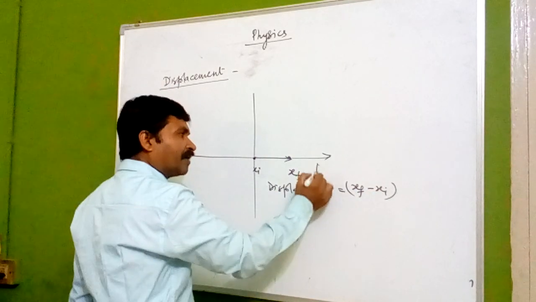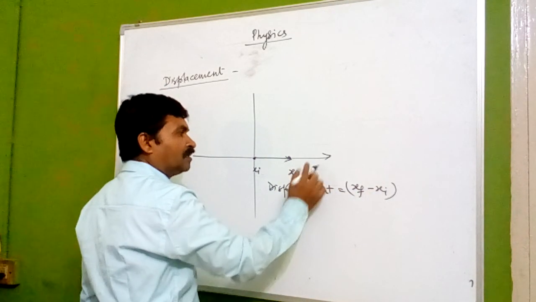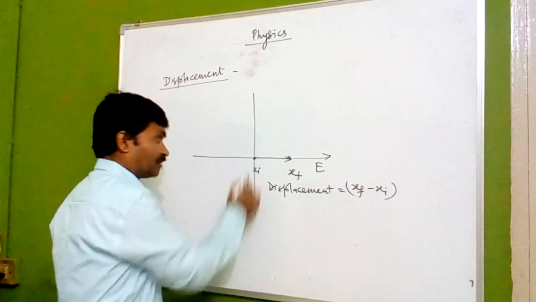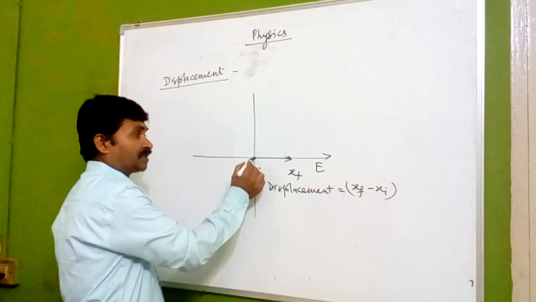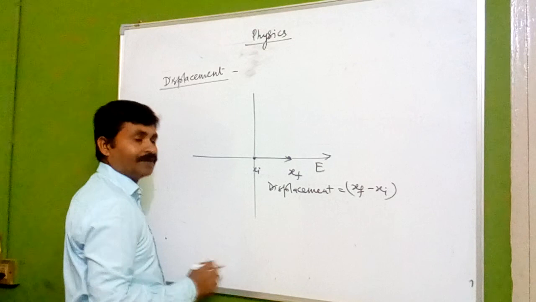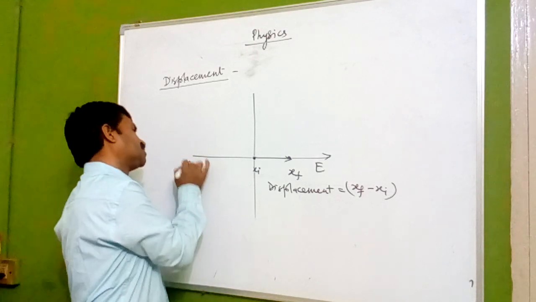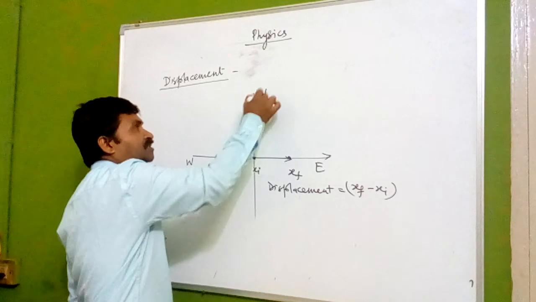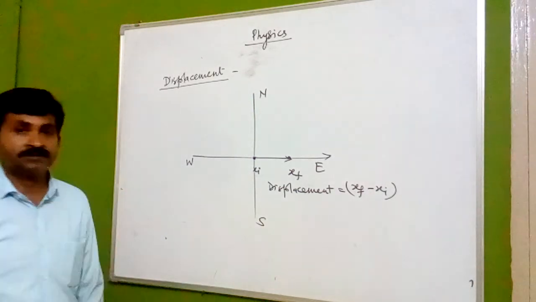But if we have taken it as east or some reference point, say from this point we are moving towards the east, or towards the west, or towards the north or towards the south.